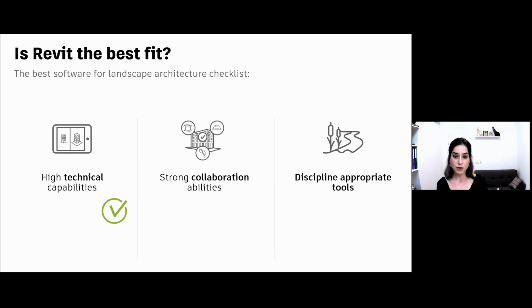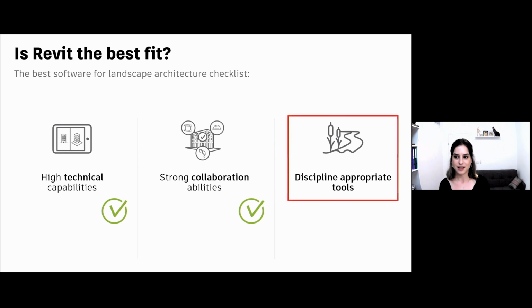Revit is a very strong software, and it really reorganizes your entire project. The second thing is to have a really good collaboration tool, and Revit is all about collaboration, whether it's within Revit itself or using BIM 360. Revit is one of the best collaboration tools out there.